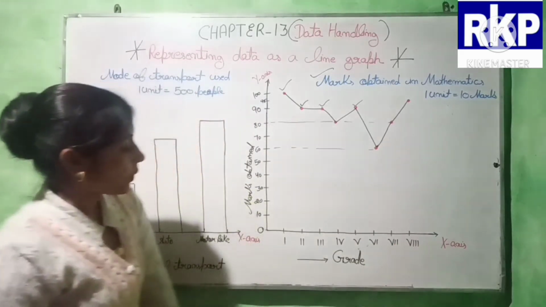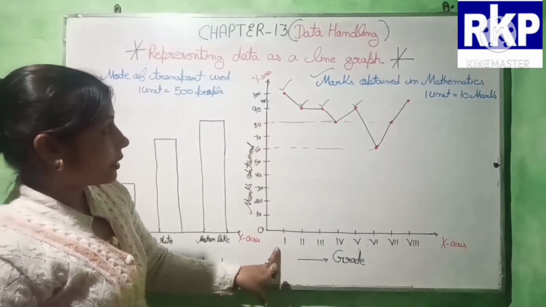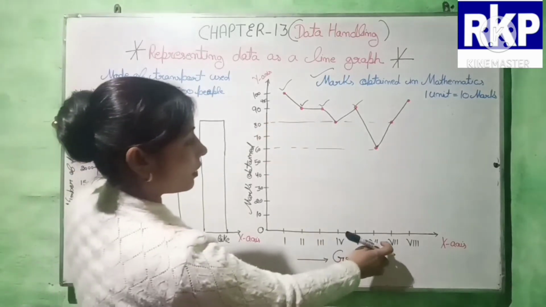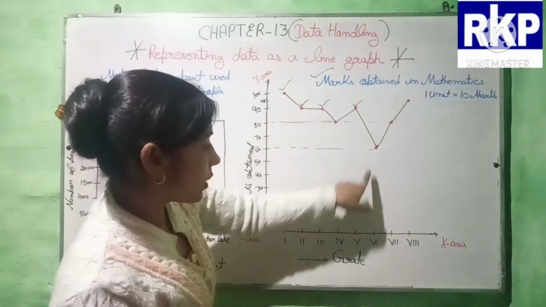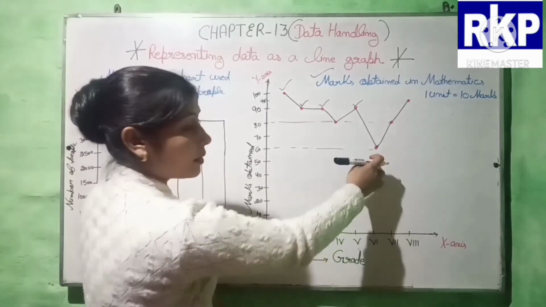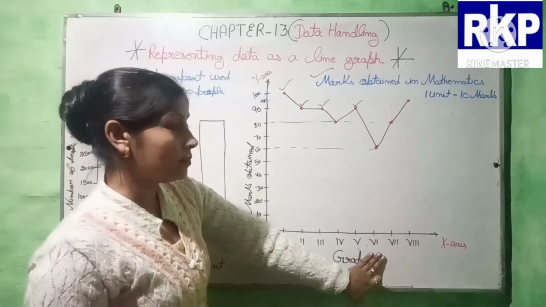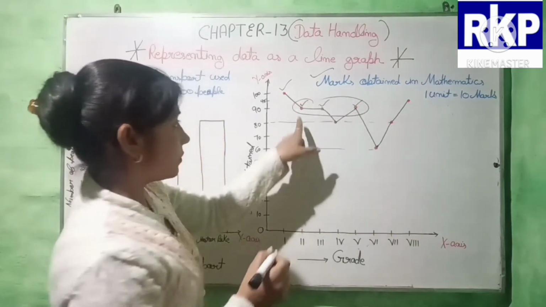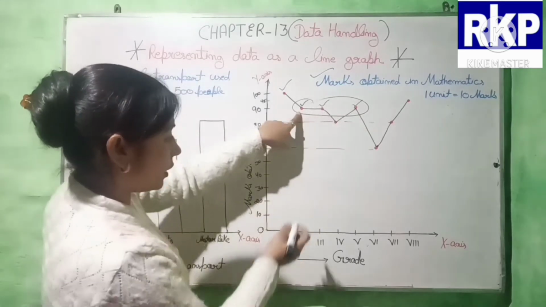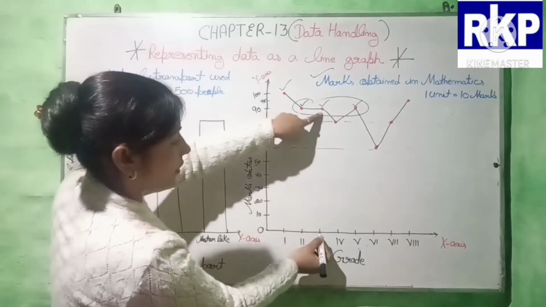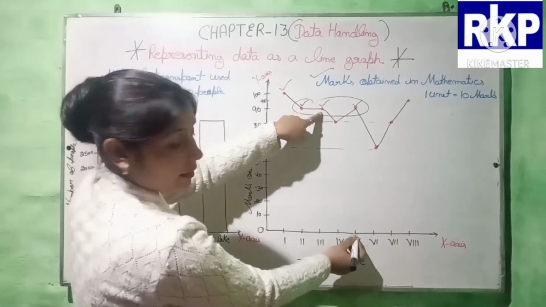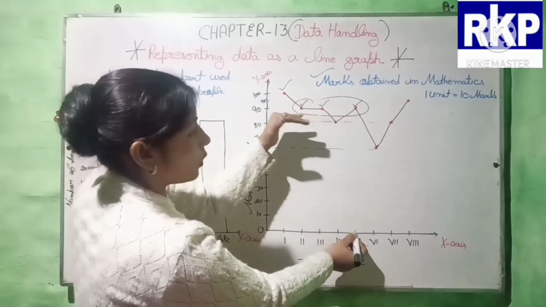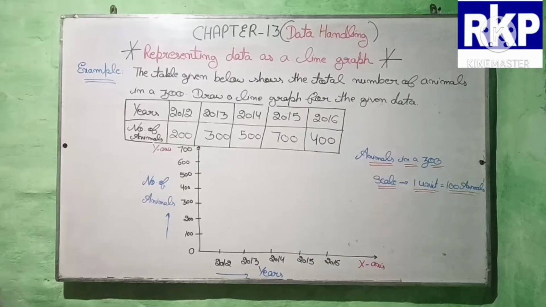Okay, so in first grade maximum marks are obtained, and in 6th grade minimum marks are obtained, and in second, third and fifth grade, marks obtained are equal.